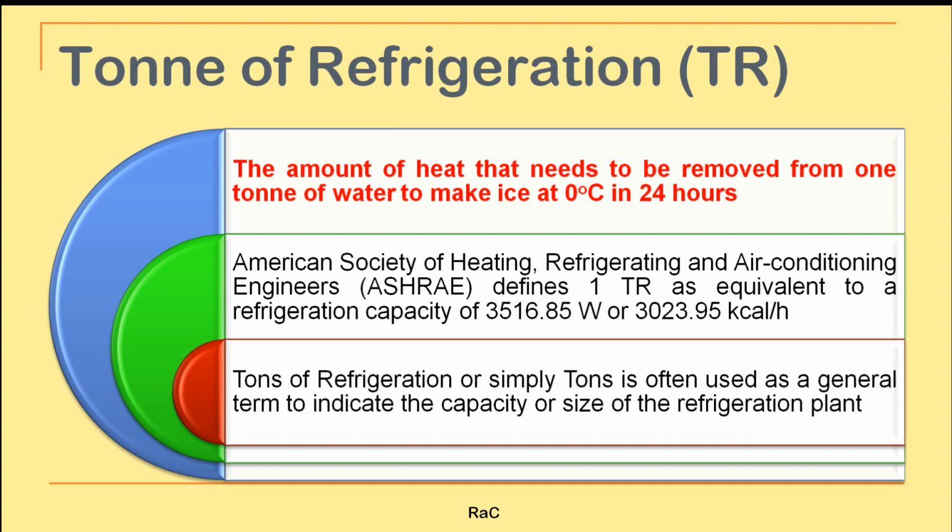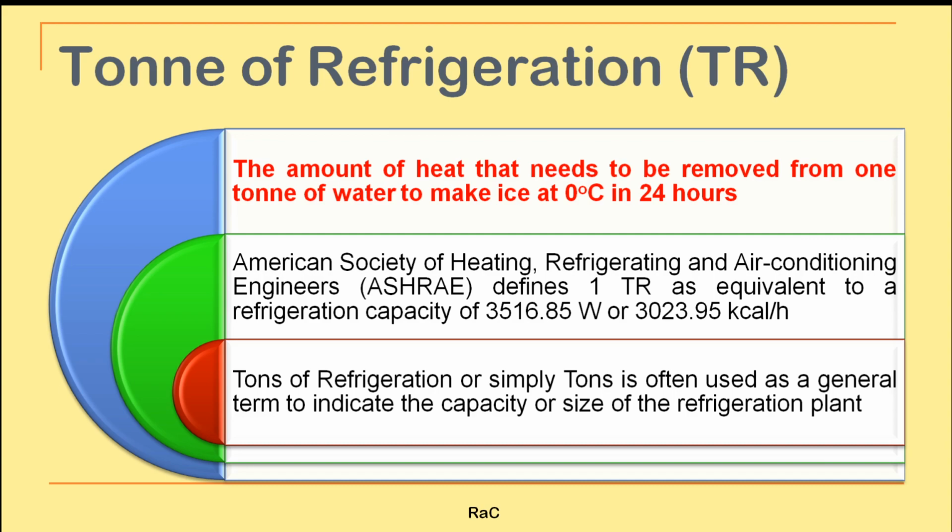So it is the amount of heat that needs to be removed from 1 ton of water to make ice at 0 degrees Celsius in 24 hours.